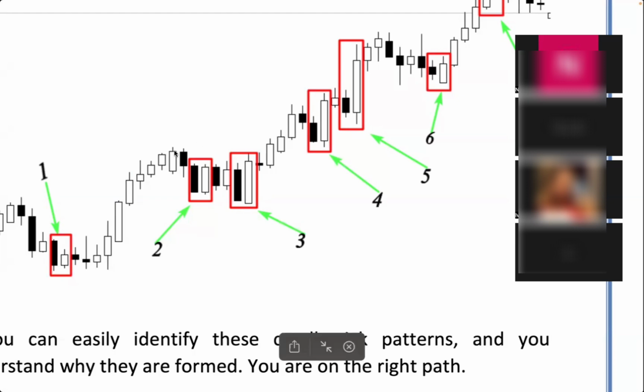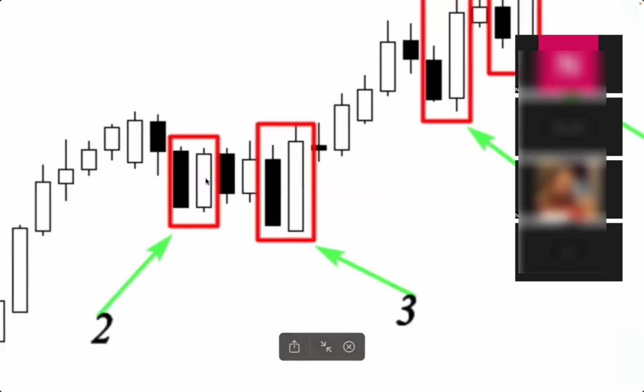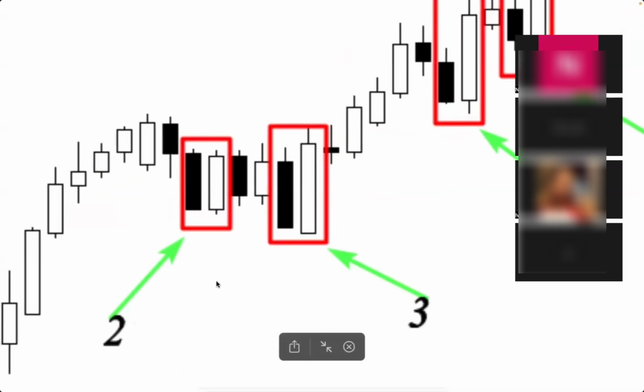Usually when you see Twizzler tops, they would be at the top of an uptrend. Obviously the name doesn't matter, but the psychology behind it is that there's going to be a reversal. After the bullish, then bearish, the price goes up.